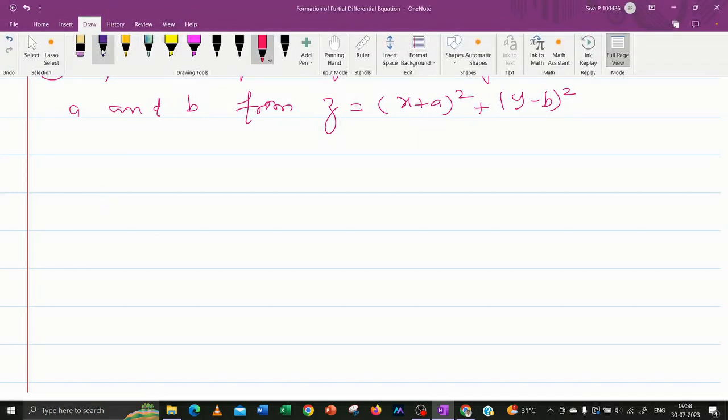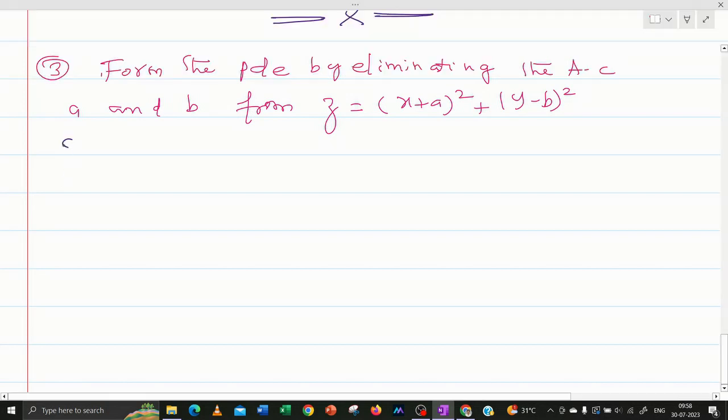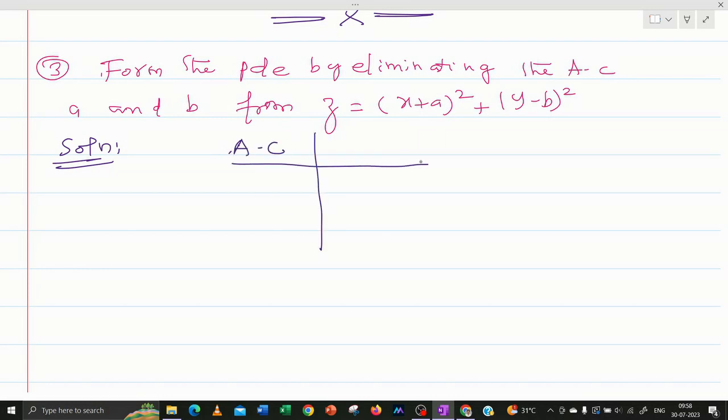For this problem, we can write the solution. From the given equation, how many arbitrary constants are there? Two arbitrary constants a and b. How many independent variables are there? x and y are the independent variables.